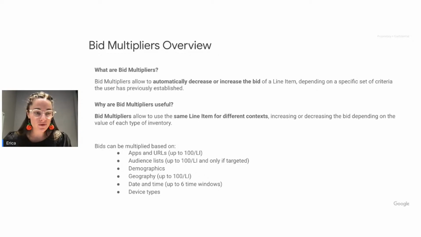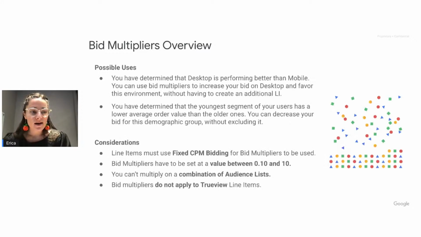So really helpful tool. I highly recommend taking advantage of this. It's a great way to be as efficient as possible within the DSP without having to break out more line items.